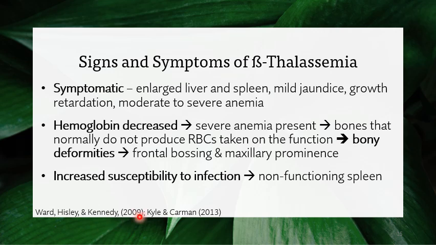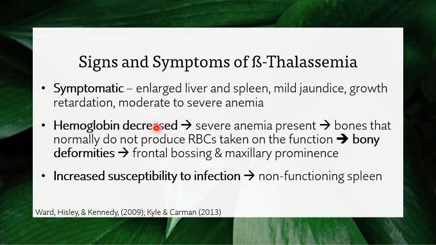With the symptoms and signs of beta thalassemia, what we can see is liver enlargement and spleen enlargement. We can also sometimes see mild jaundice. We can have growth retardation. We can even have moderate to severe anemia because there are not so many red blood cells, and obviously the hemoglobin will decrease.